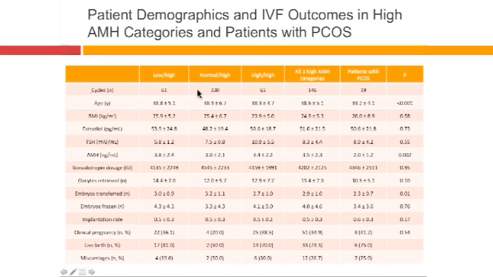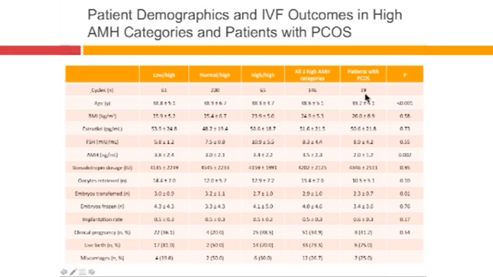And we compared those to patients which we defined amongst all of our patients as PCOS patients based on large oocyte yields. In other words, they were what we considered clinical PCOS patients. And we wanted to see what the difference was between these categories and outright PCOS patients.